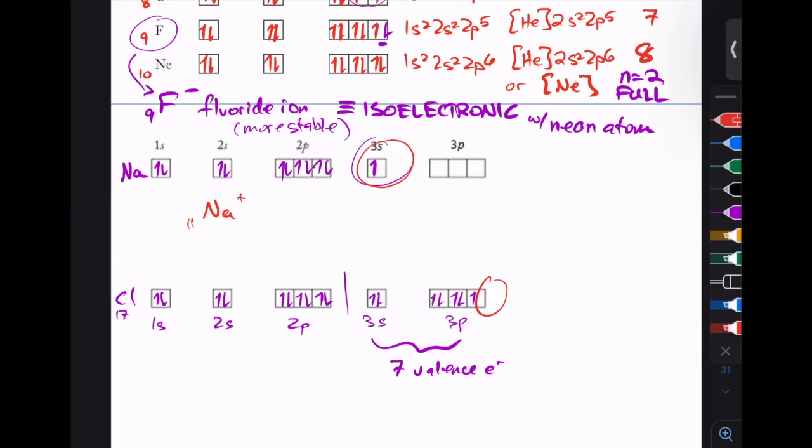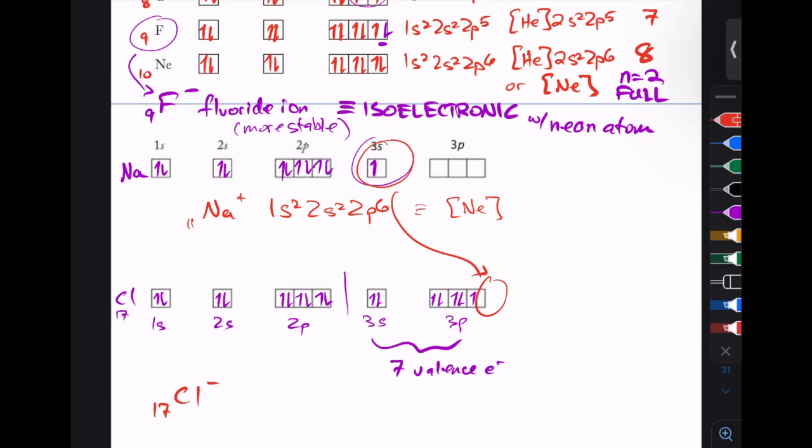And if I were to write the electron configuration for that, it would be 1s2, 2s2, 2p6, and that's it. And notice that that's the same as just writing the electron configuration for neon. For chlorine, right, if chlorine gains that electron, now chlorine with its 17 protons is going to pick up one more electron, so it's chlorine minus.